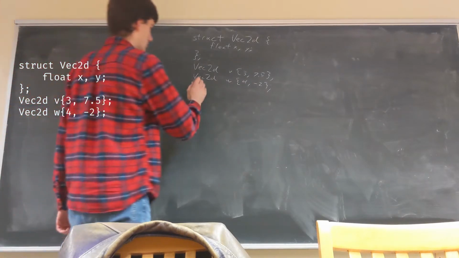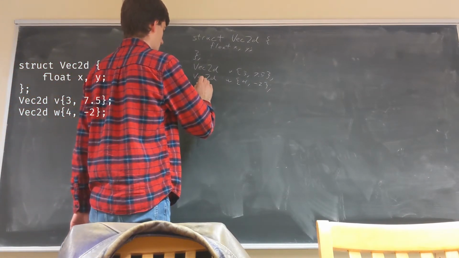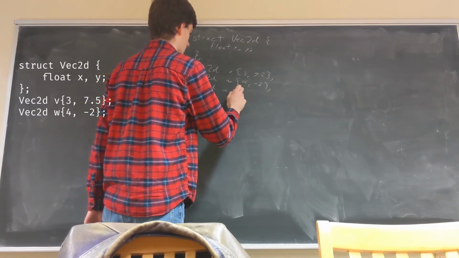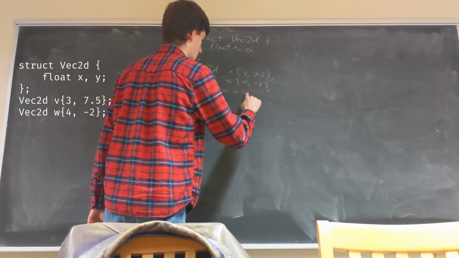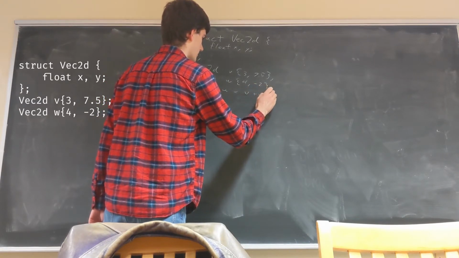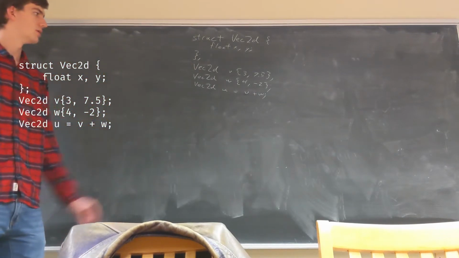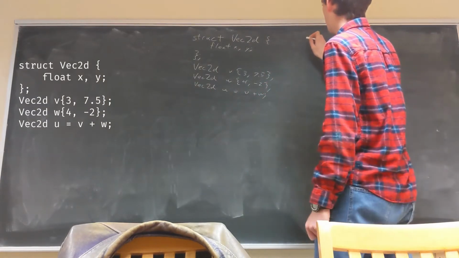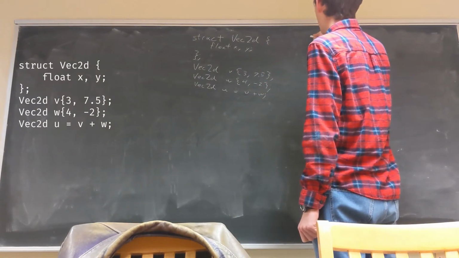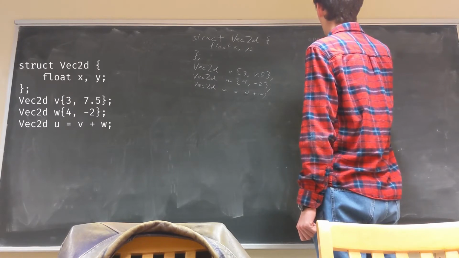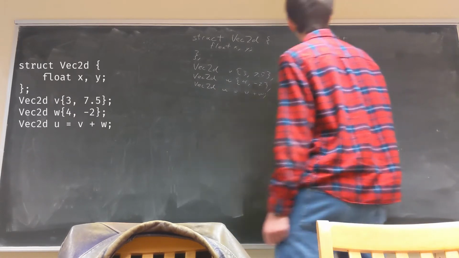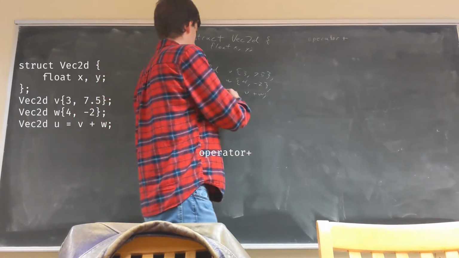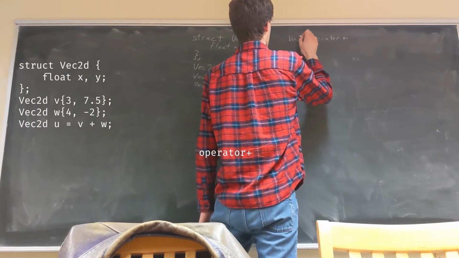Now what I want to be able to do is make one called u, which is equal to v plus w. So in order to provide that functionality, what I need to do then is define a function called operator plus, no space at all in between there, just operator plus. The return type is going to be vec2d.